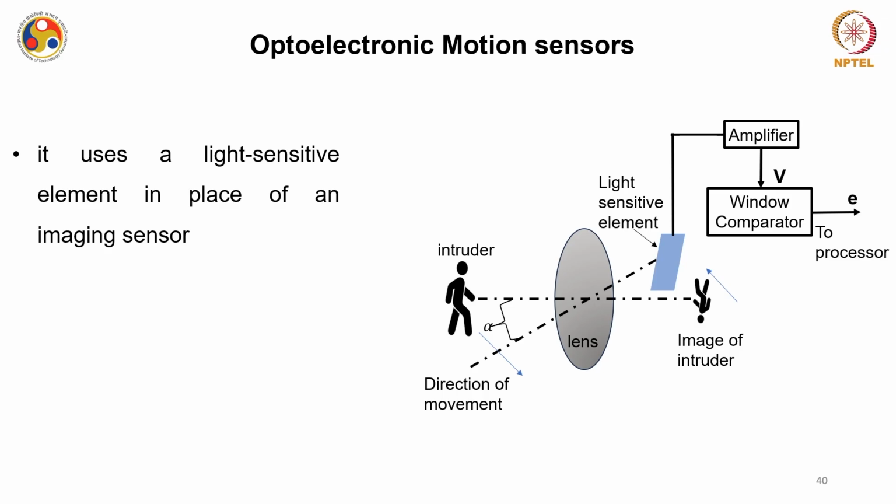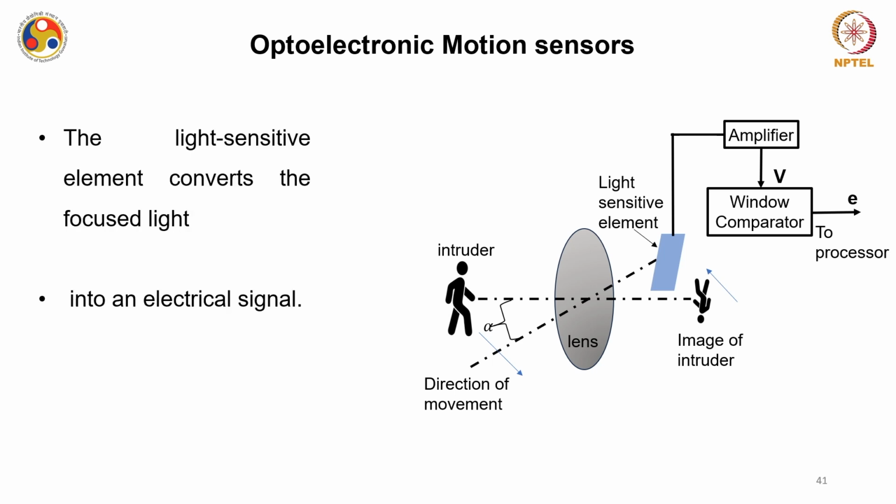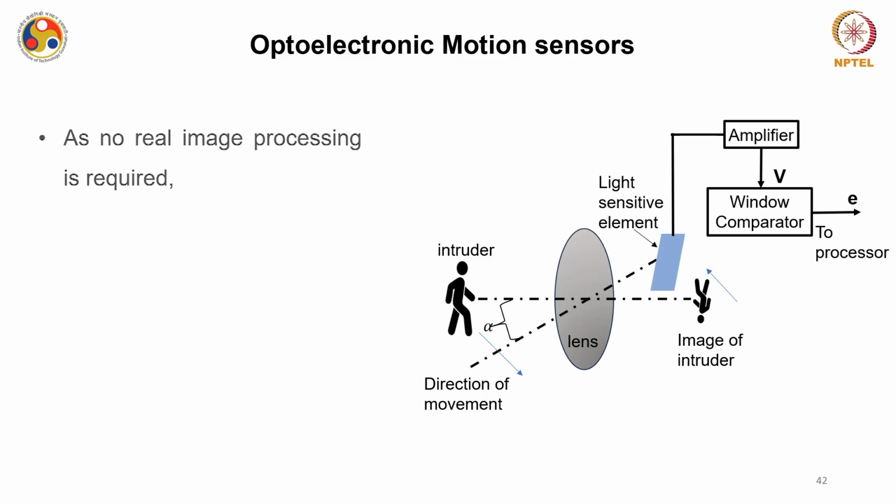That is the only difference between this camera and this kind of sensor. You do not need an image sensor because I am not interested in the image formed of the object. It also doesn't have a shutter like a camera. The light sensitive element converts the focused light into an electrical signal, which is of our interest.